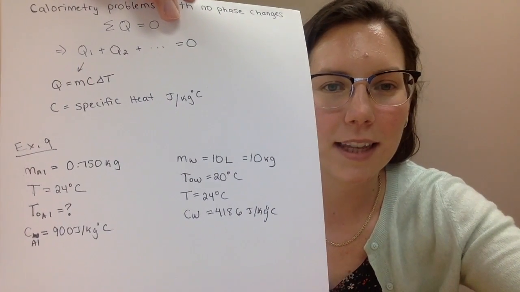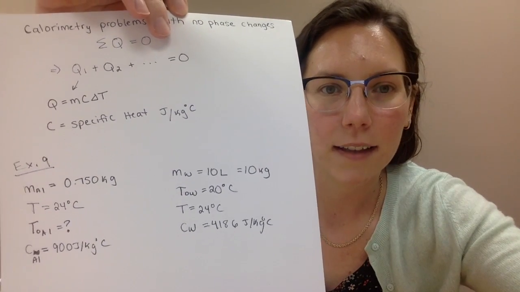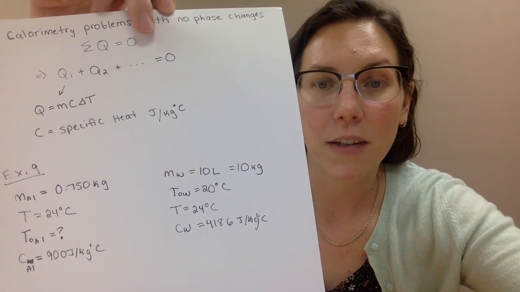You can pause that if you like. I've listed the given information there. Now I'm going to set up the heat transfer equation. Q aluminum plus Q water equals 0.